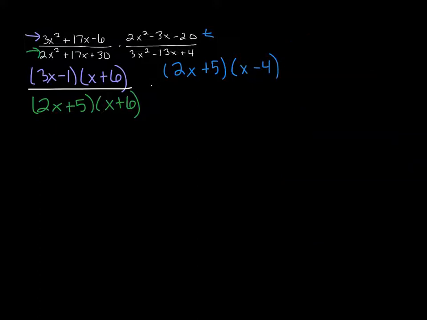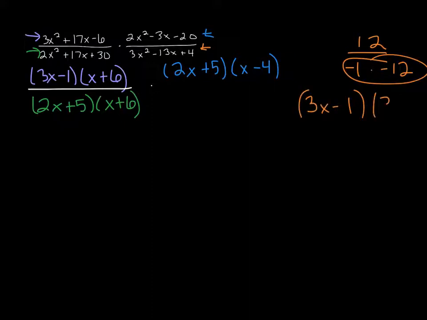Alright, now let's factor this denominator. So 3 times 4 is 12. It's positive, which means the signs are the same, and b is negative, so they're all negative. So negative 1 times negative 12, and that works. Don't forget the 3 in front of the x. So 3x minus 1, 3x minus 12.